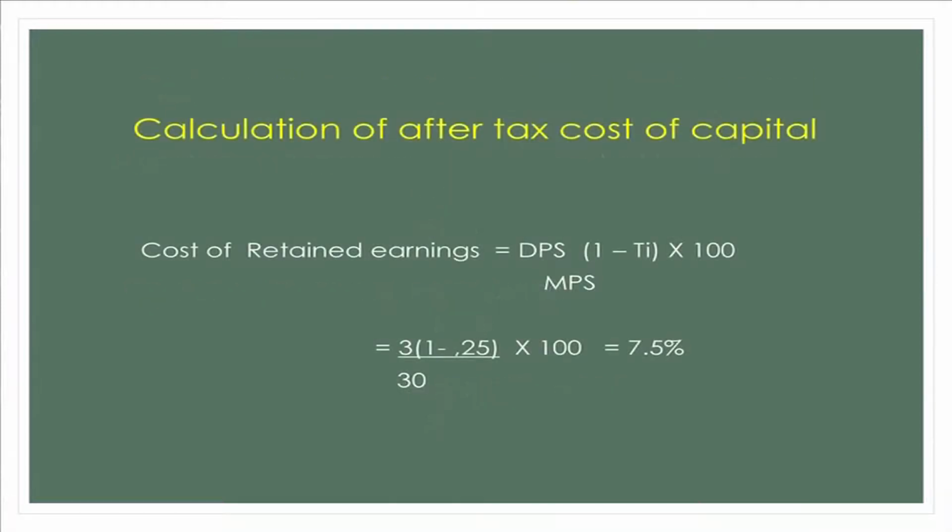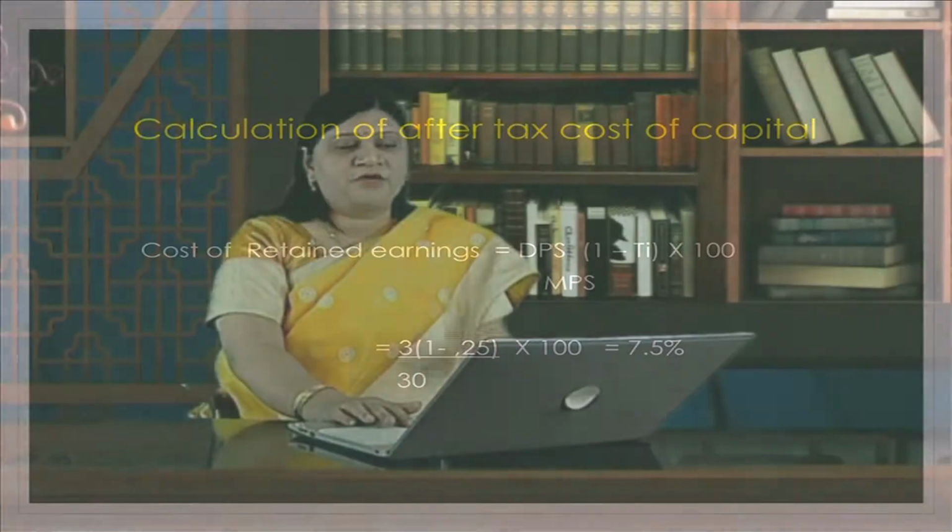Cost of retained earnings formula is DPS into 1 minus tax rate divided by MPS into 100. 3 is the dividend, bracket 1 minus 0.25 is the tax rate, divided by 30 into 100 is equal to 7.5. So, now we are having all costs of capital, that is for debentures, preference shares, equity shares and retained earnings.